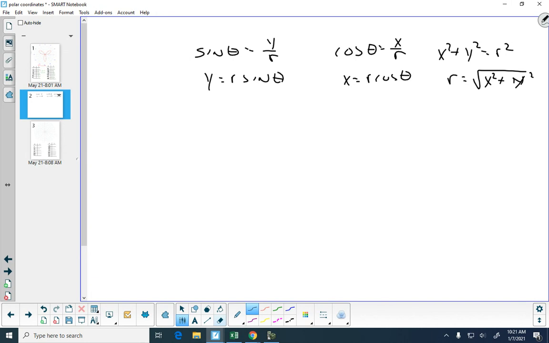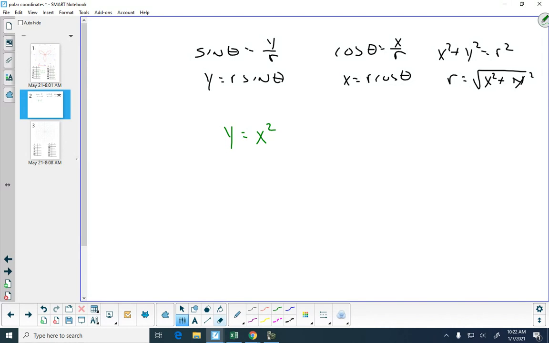Now, in the instructions on the review sheet, I asked you to describe the conic section. We didn't go over them, so don't worry about describing the conic section. But if we take a look at a problem down at the bottom, y is equal to x squared.